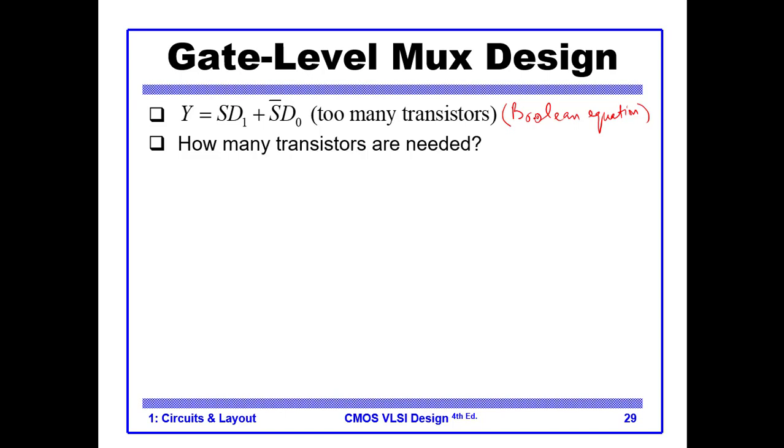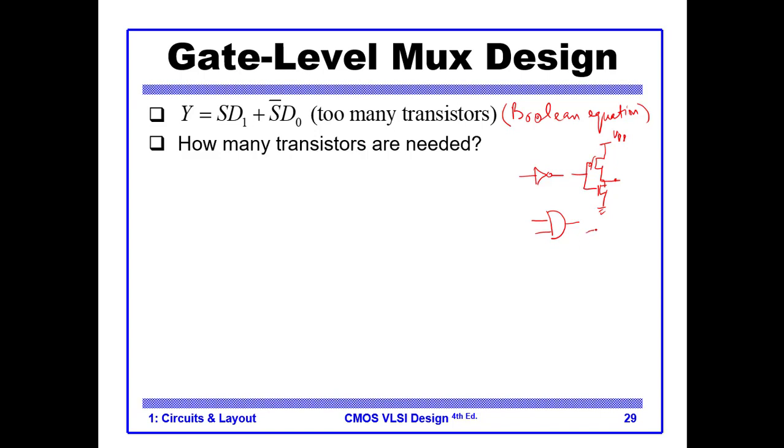So we saw that for a NOT gate, the circuit consists of 2 transistors. What about a 2 input AND gate? Now remember that in CMOS logic, we don't have AND gates.